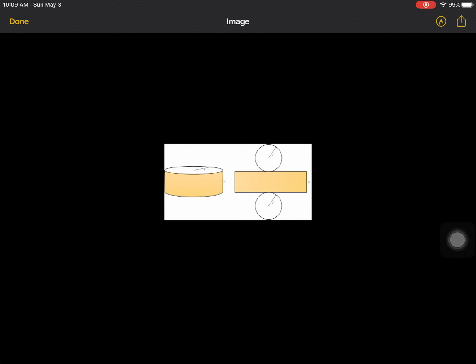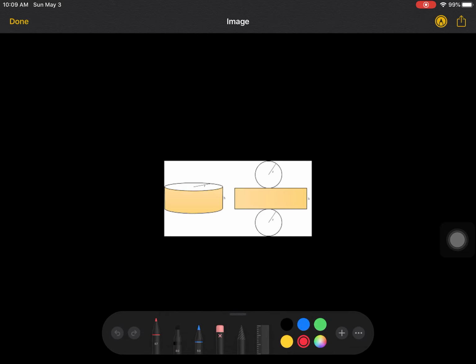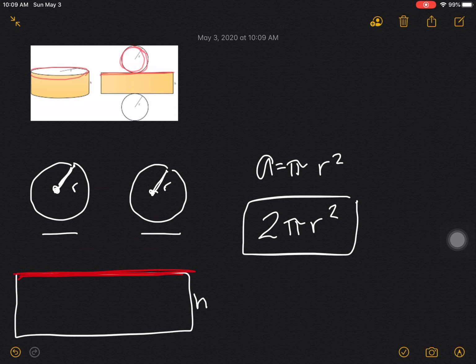Notice that when you look at this picture, you can see pretty clearly that our rectangle, the top dimension is actually going to be the same as what we've learned is the circumference of the circle. So that top dimension of our rectangle is just equal to the circumference.